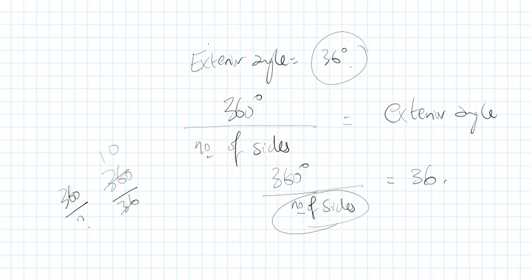Exactly. Because it's 360, you divide by 10, and the zero cancels. So the number of sides is just 10. You don't need to form an equation and try to solve it here. You can see it, right? The zero cancels, so you divide by 10.